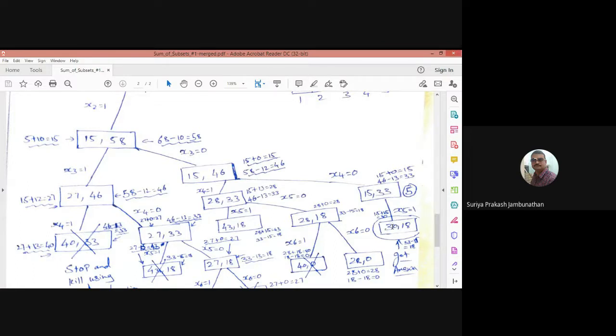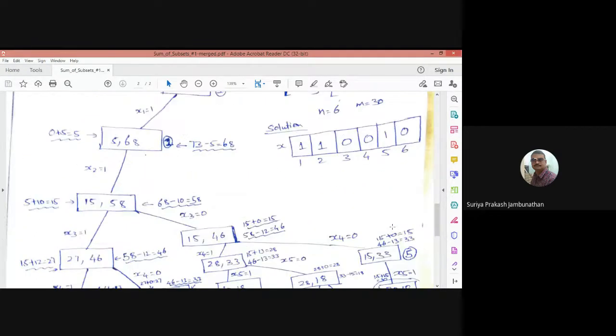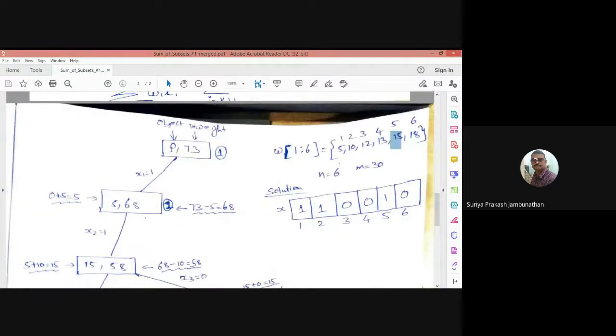So from this, how do we select the nodes? This node we select, 0 comma 73. So selecting 0 comma 73 means the first node is selected. Then what is the second node? That is 5 comma 68. So this is the second node that we select. So 5 and 10 we select.